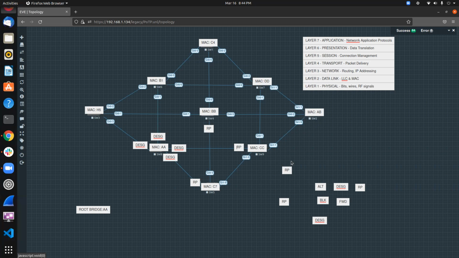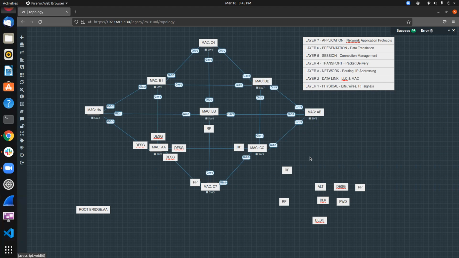Switch 2. All right, from switch 2, the cost to go to switch 9, which is max CC, and to switch 8 would be a cost of 8.